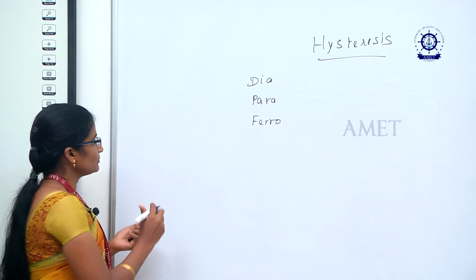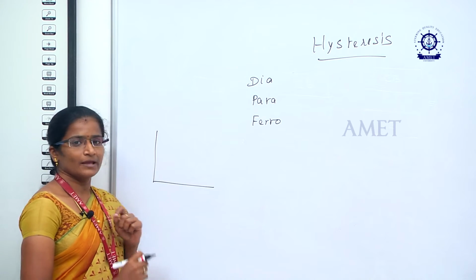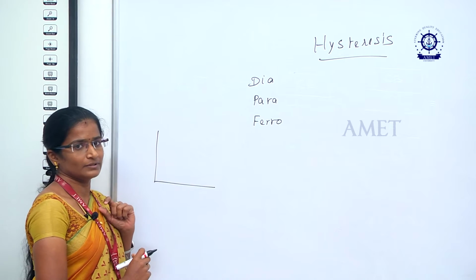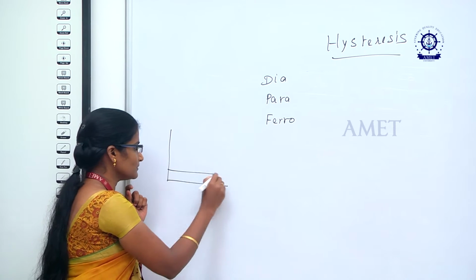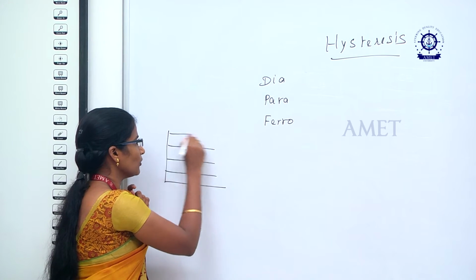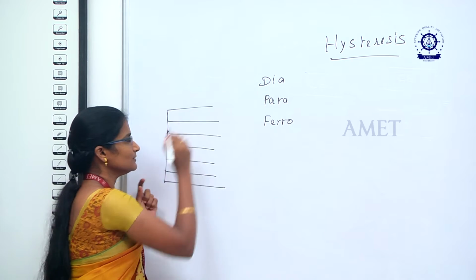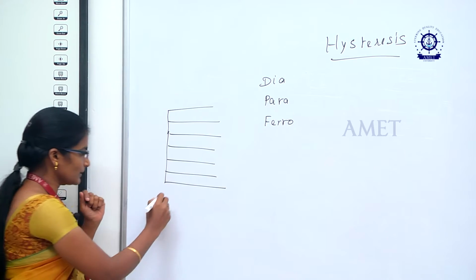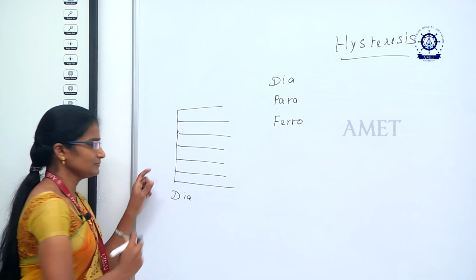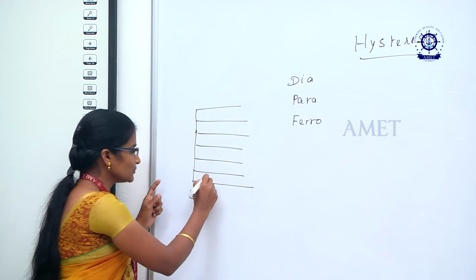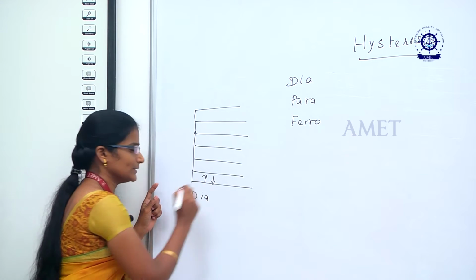So you already know every material has an electronic configuration, meaning it has many orbitals like this. In the case of diamagnetic material, the orbital has electrons.